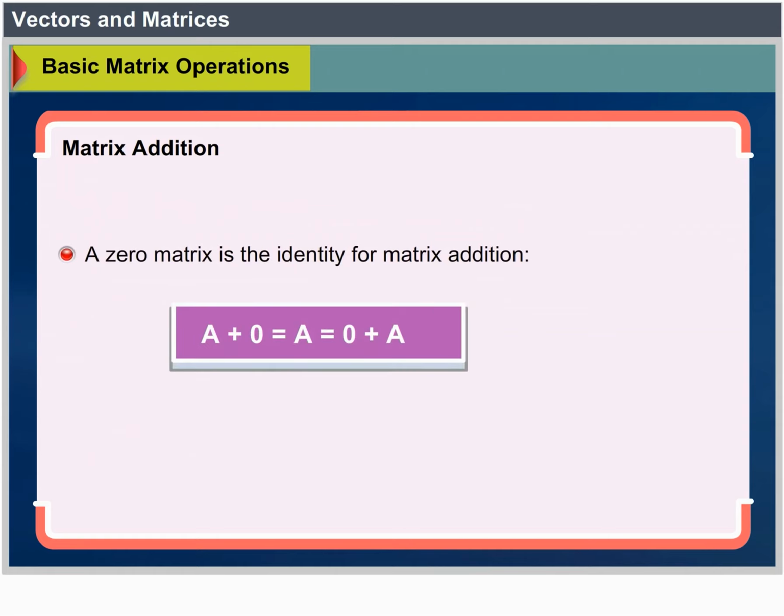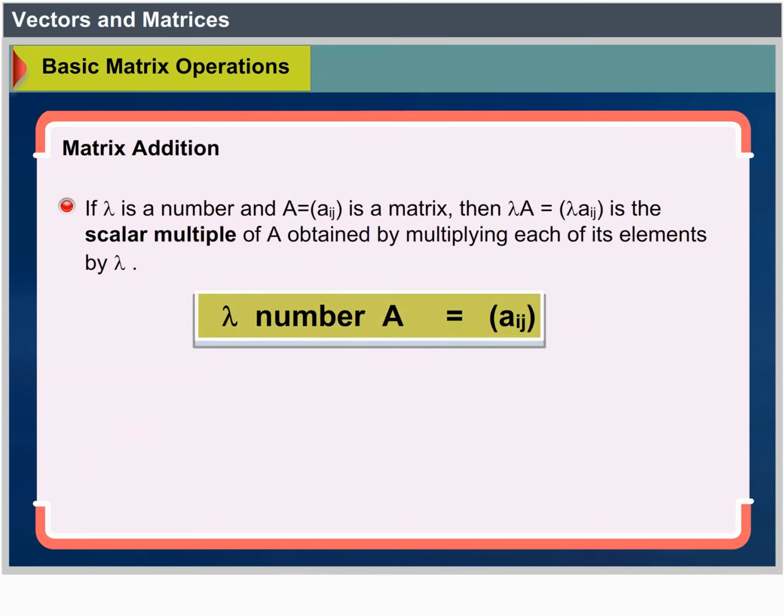If lambda is a number and A equal to (Aij) is a matrix, then lambda A equal to (lambda Aij) is the scalar multiple of A obtained by multiplying each of its elements by lambda.